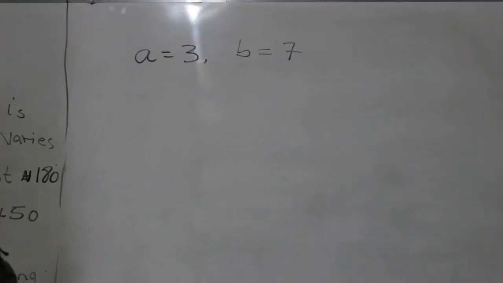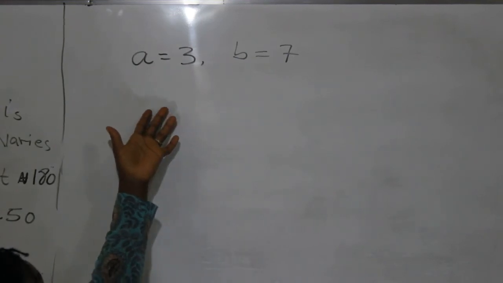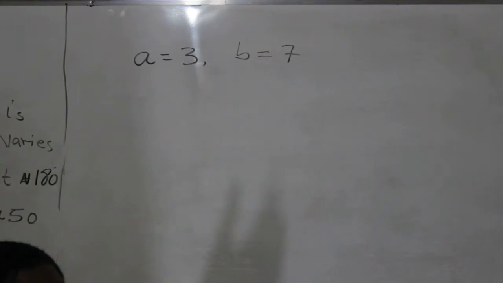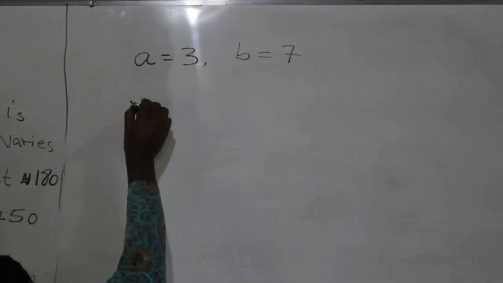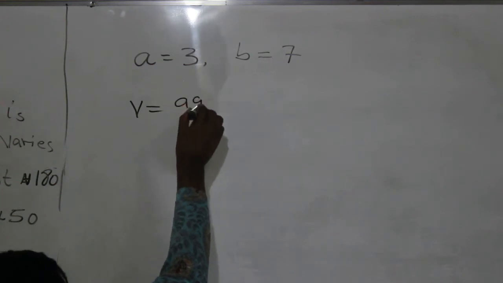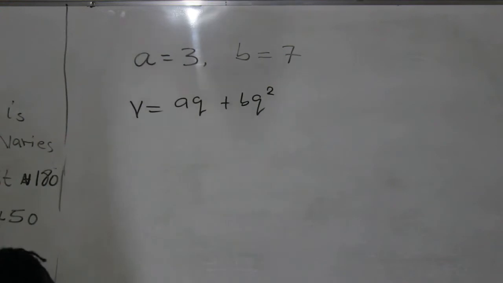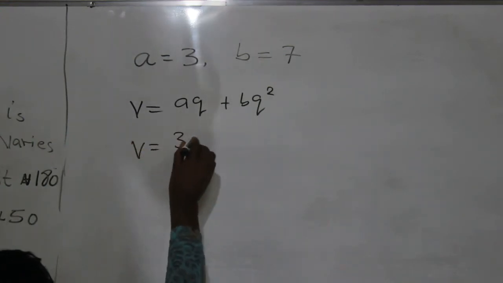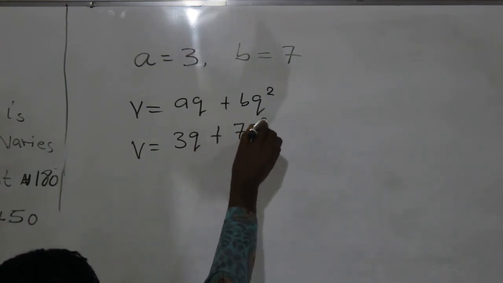Okay, we've calculated the values of the constants, that is A and B. So we are going to substitute them in the equation. Remember, the equation is V is equals to AQ plus BQ squared. So now we have our A to be 3, so we have V is equals to 3Q plus B is 7, so 7Q squared.